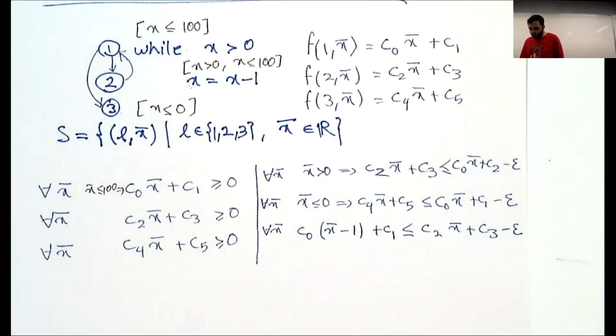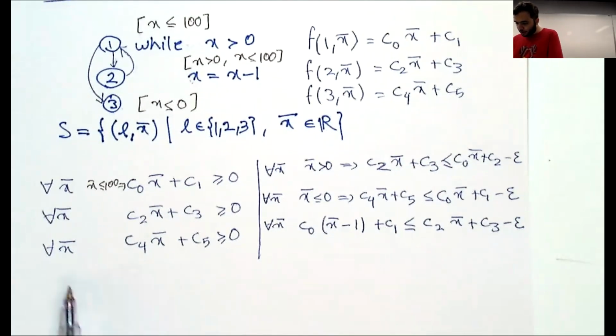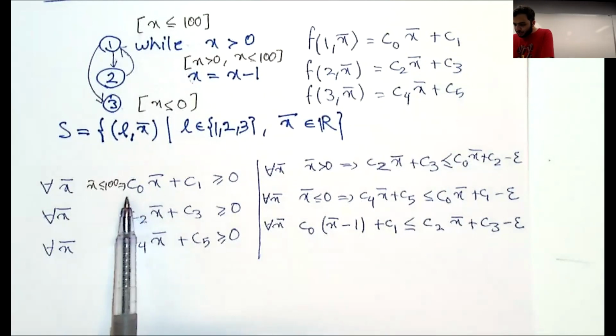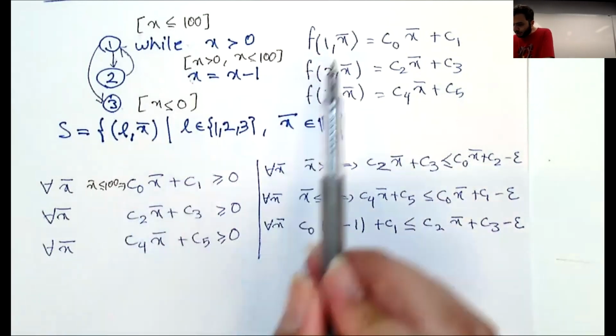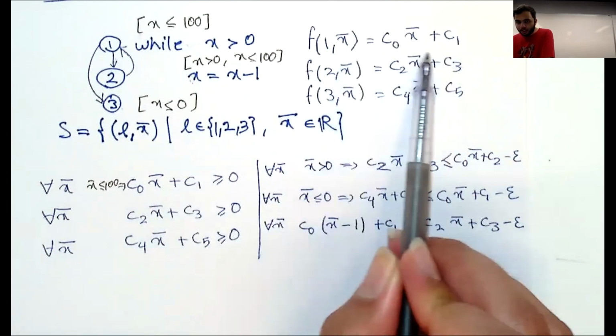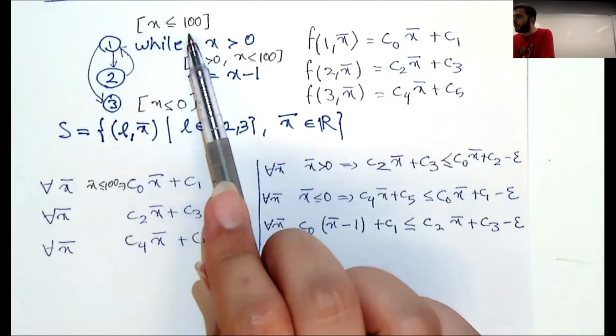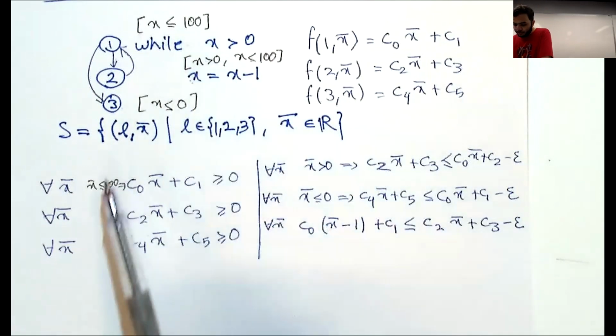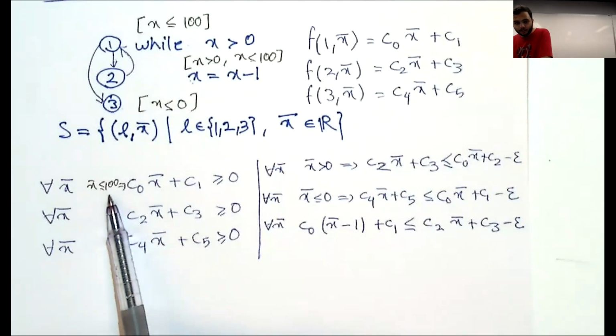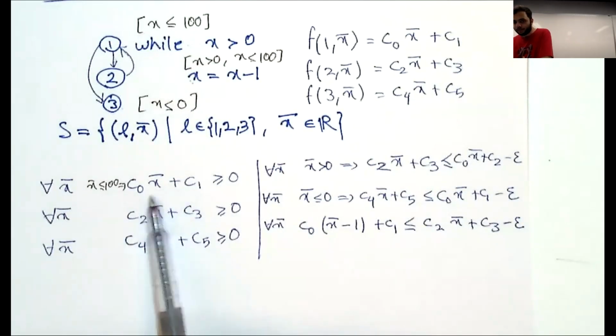But now that I have these invariants, I can actually add them here as preconditions. So when should this ranking function be non-negative? It should only be non-negative when we are in a state that satisfies this invariant. So only if our x bar is less than or equal to 100 should I have this.